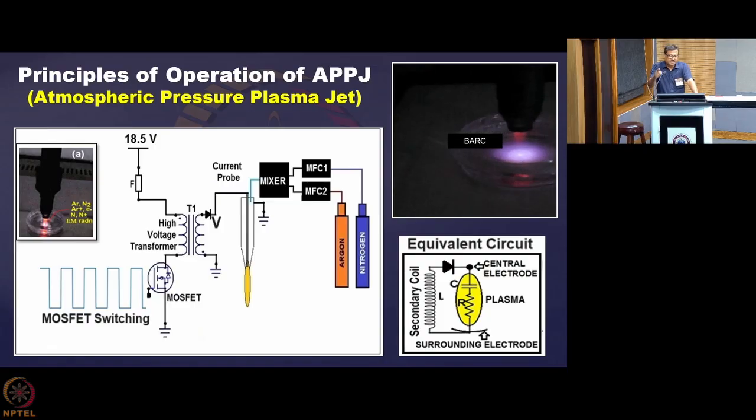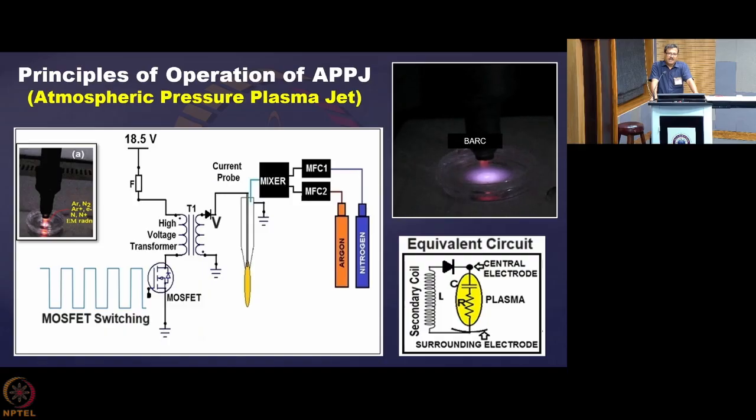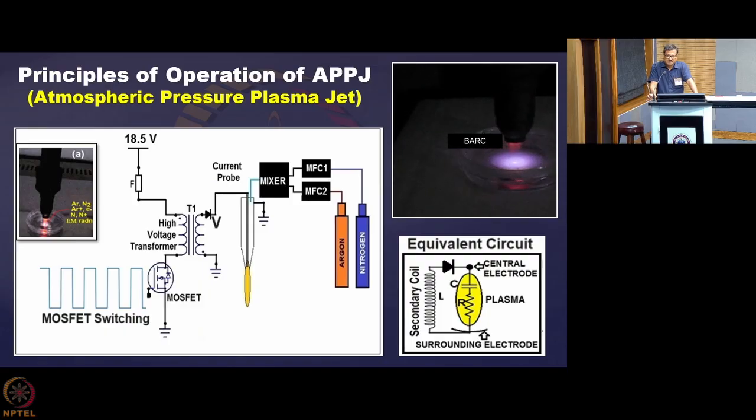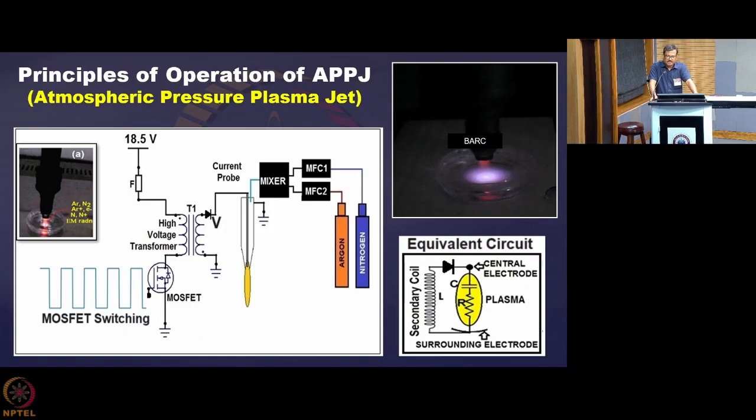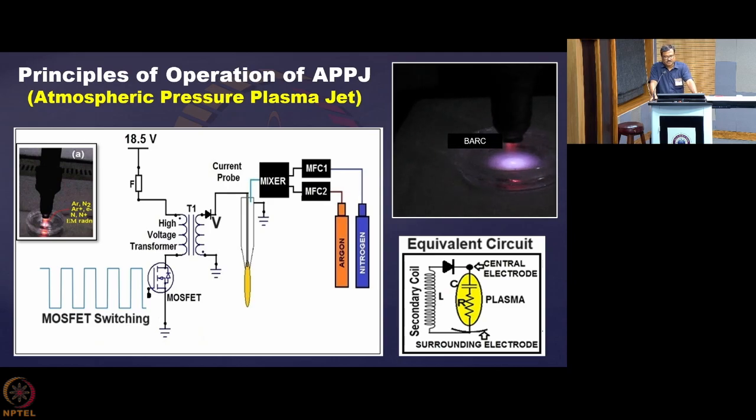But this type of device, what I am talking about, the atmospheric pressure plasma jet, they are just plug and play devices. You just plug it and immediately you will be able to operate it. It doesn't require vacuum, and it is very less power consuming. So that is another very important thing.